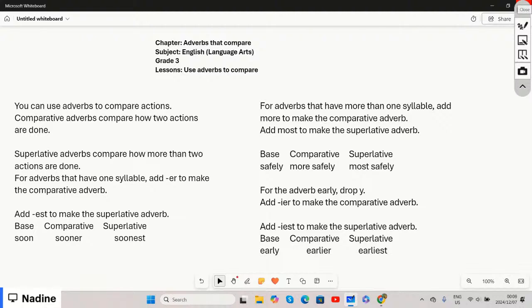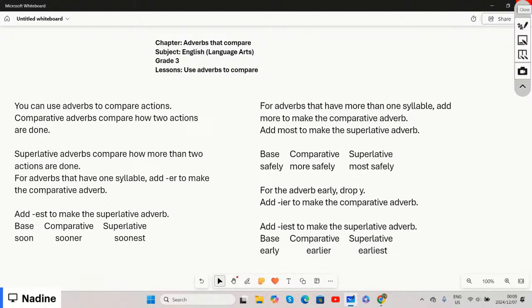All right, so we said adverbs tell us more about a verb or describe a verb, or they tell us more about or describe an adjective or another adverb. So today we're doing adverbs that compare.